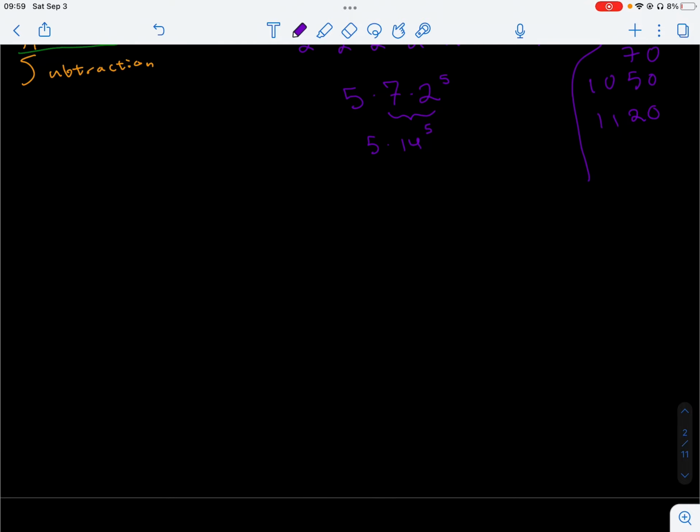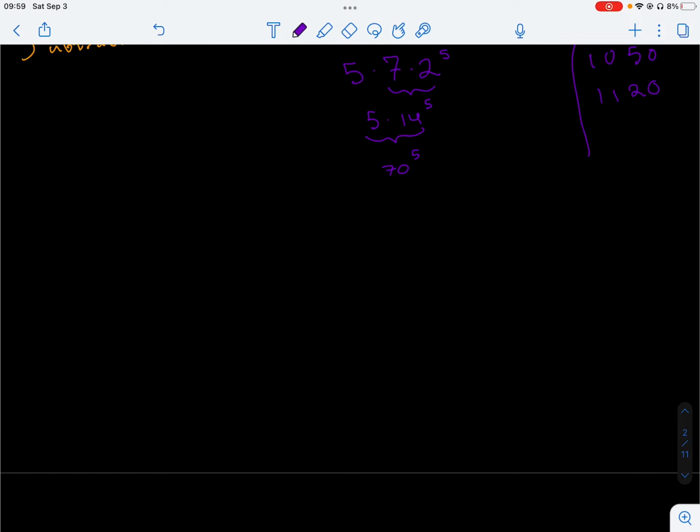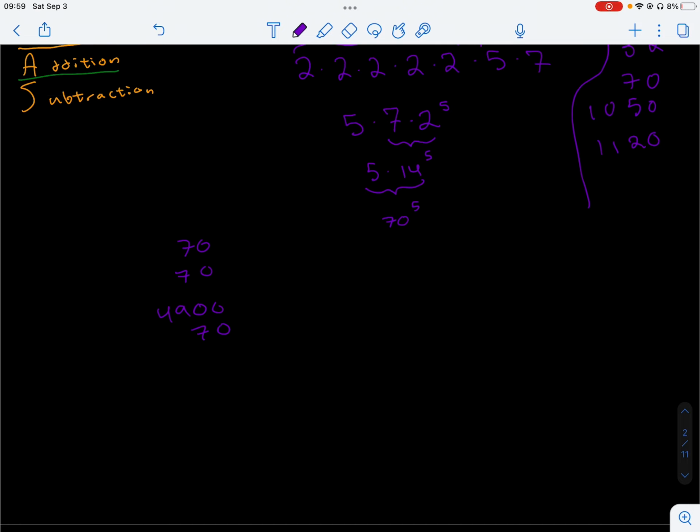Well, I could then either stop there and say 14 to the 5th power, which I don't even want to compute, or I could continue and see, okay, now we have 70 to the 5th power, and my goodness, that looks like a big number. It would be 70 times 70, which would be 4,900, times 70, and this is already getting massive. So I've done 2 copies of 70 multiplied together.